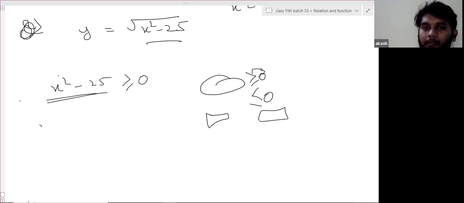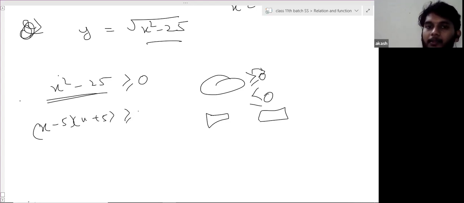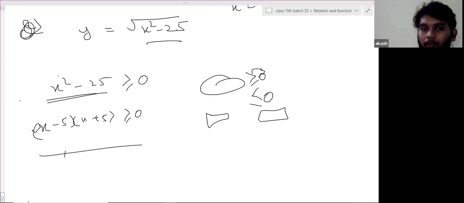Now factorizing again, x minus 5, x plus 5 greater than or equal to 0. Number line, because the coefficients of x are positive, minus 5 and 5. From the right hand side, positive, negative, positive. We want positive things. So minus infinite to minus 5, right?